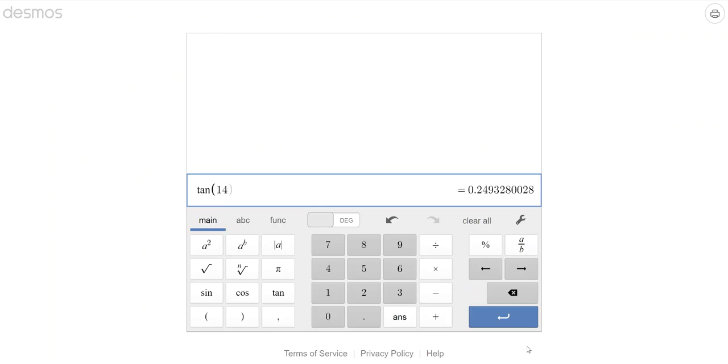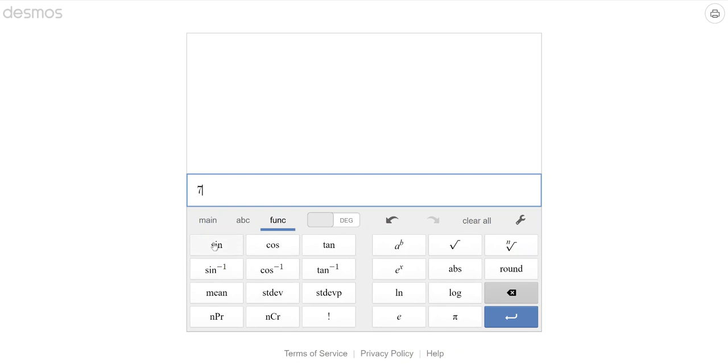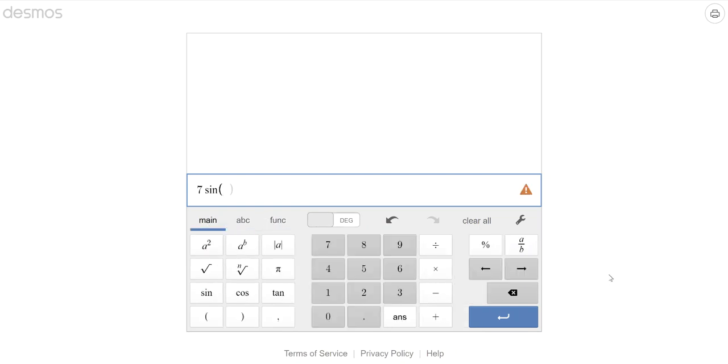Here's our calculator. We clear things out. Okay, clear it all. And now we need 7 times the sine of 39 degrees. And what do we get? 4.405.